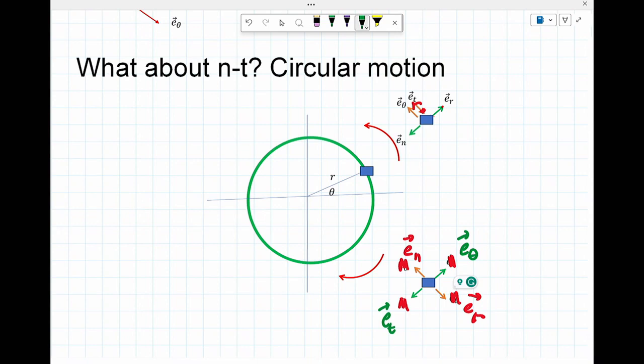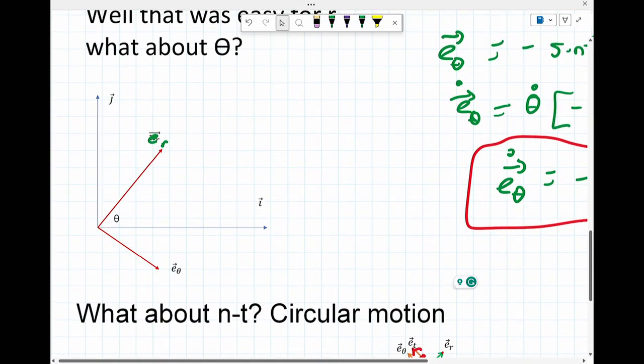Go ahead. So I'm just a bit confused about the graph that was just above this. E sub r, E sub theta, why is it not pointing this way and it's pointing this way? I just chose a direction. So E sub r is pointing in that direction because that's where it's going. I would define everything with respect to theta.